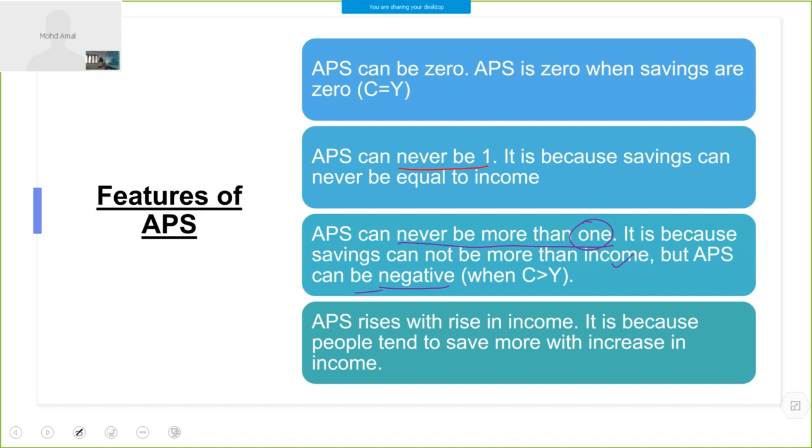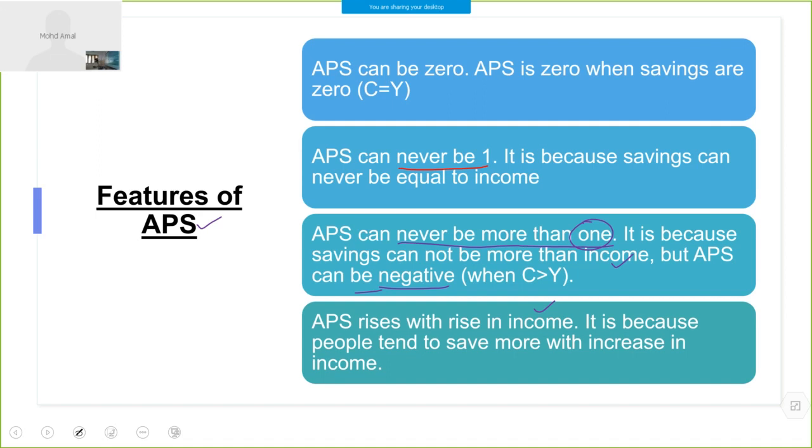Then, the next feature, APS rises with rise in income. If income rises, propensity to save also rises because people tend to save more with an increase in income. So, these are the main features of APS. You should study all these features and note them down.